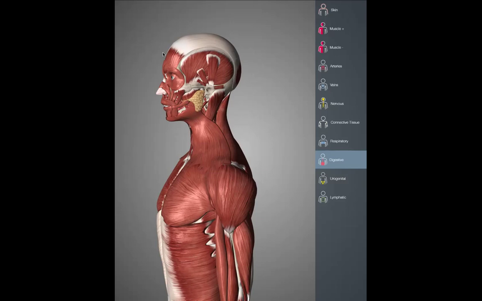It has a central process called the uvula. If you open your mouth, you see something shaped like a small boxing bag, and that's the uvula. It's part of the soft palate, a process of its central part, posteriorly.